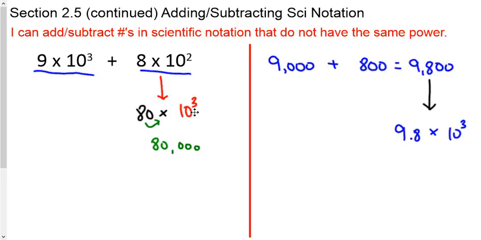So 80 times 10 to the third, or 80 times 1,000 would be 80,000. That's way too big. I need it to be 800, right? So moving the decimal to the right is not going to be a good option there.